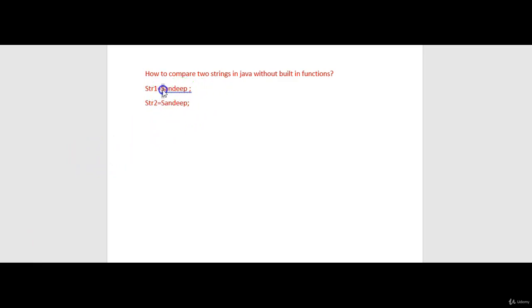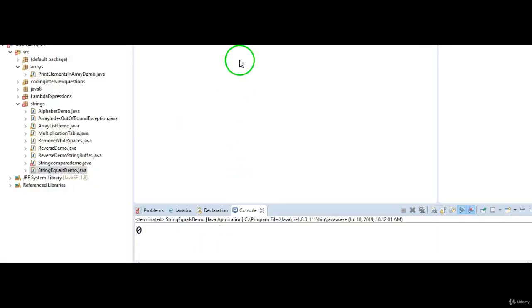If this character and this character are equal, return true, otherwise return false. So compare each character in the first string with the second string, and based on that return true or false. Let's write the program and see the output.